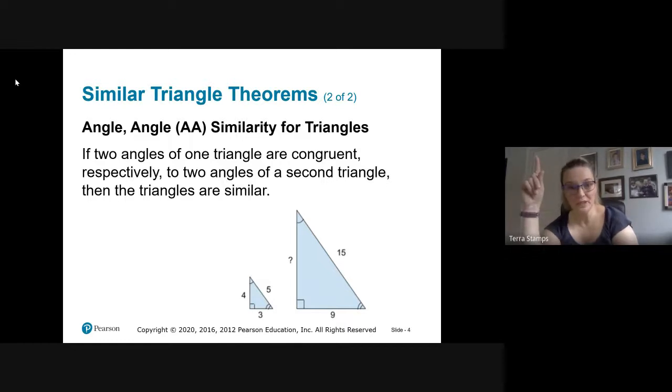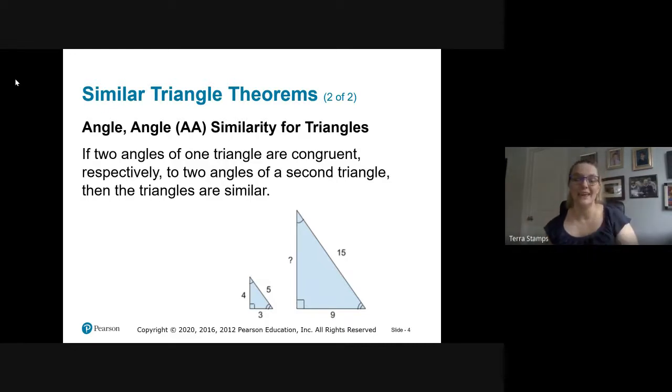Now, look at this example. This is a good one for the scale factor and the proportion stuff, right? So look at the 3, 4, 5. Okay. Now, look at how that compares to the larger triangle. The base is 9. The hypotenuse is 15.